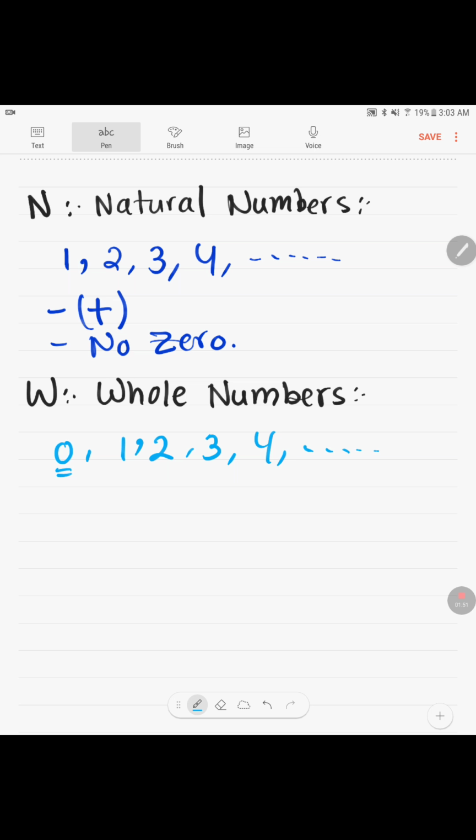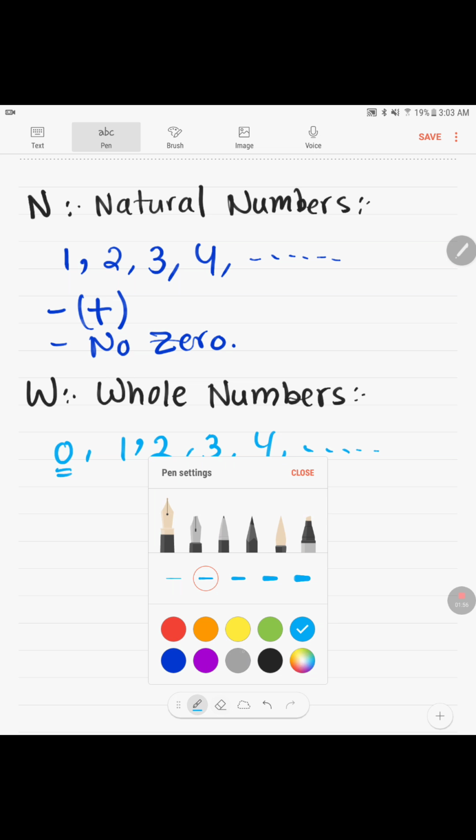Now, the next set of numbers is called integers.